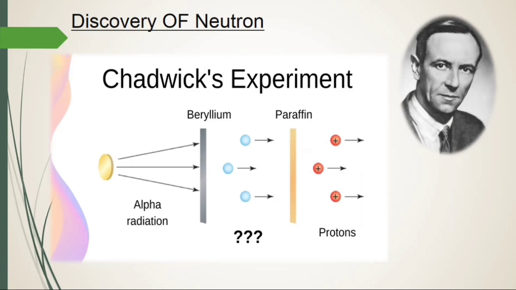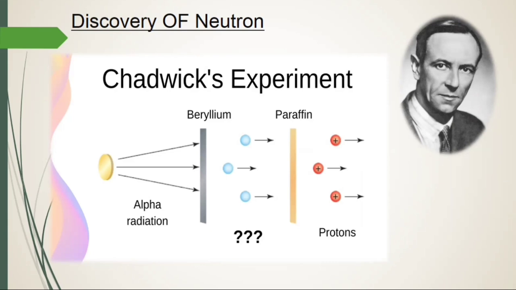What he did was take a thin sheet of beryllium with alpha particles. In this diagram, you can see a beryllium sheet and the alpha particles, and then he placed a charged particle counter in front.